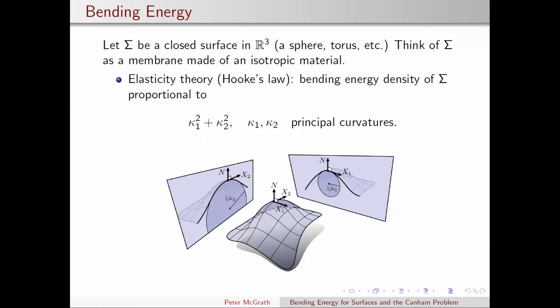Each of these planes cuts the surface in a curve, and I can look at the one-dimensional curvature of the curve in that plane. Then I can take the maximum and minimum of these one-dimensional curvatures over all directions, and these two numbers are the principal curvatures. This is essentially what Germain understood in the case of the plate.